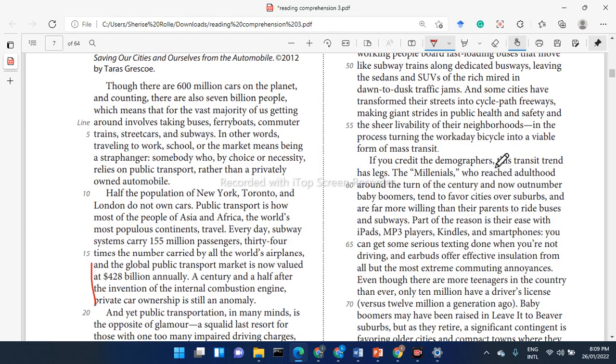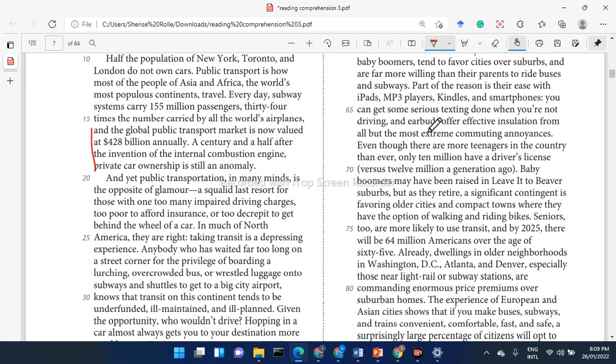If you credit the demographers, this transit trend has legs. The millennials, who reached adulthood around the turn of the century and now outnumber baby boomers, tend to favor cities over suburbs and are far more willing than their parents to ride buses and subways.